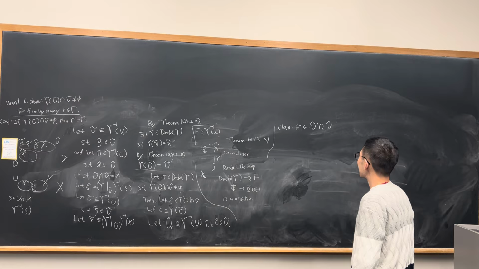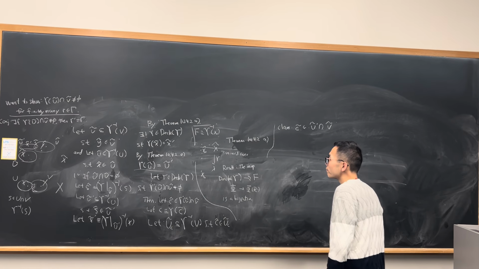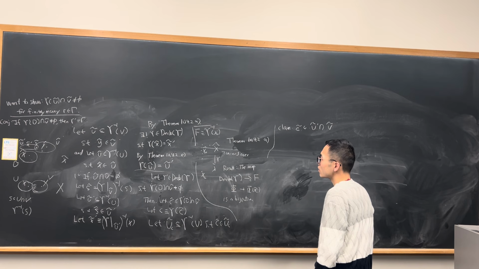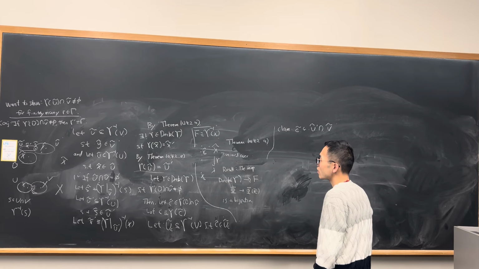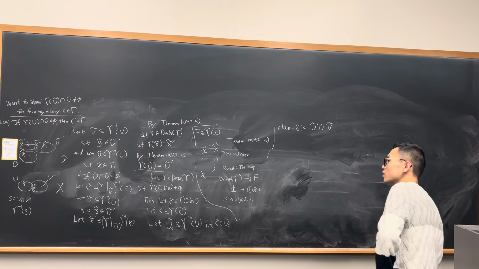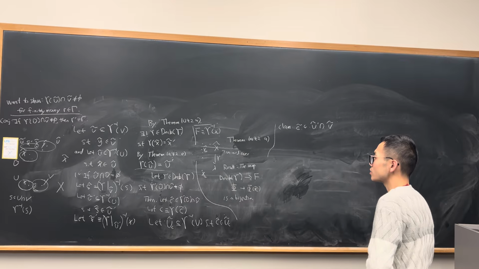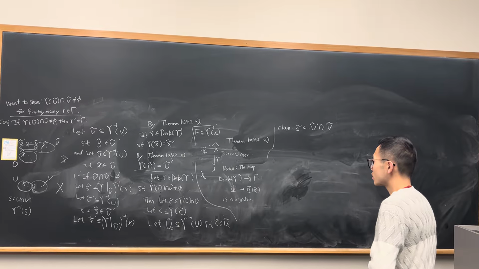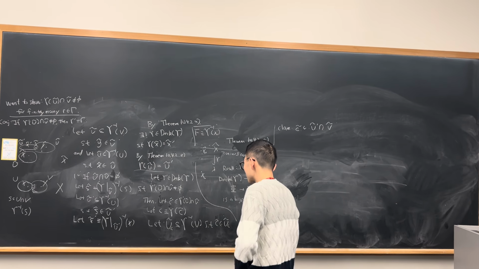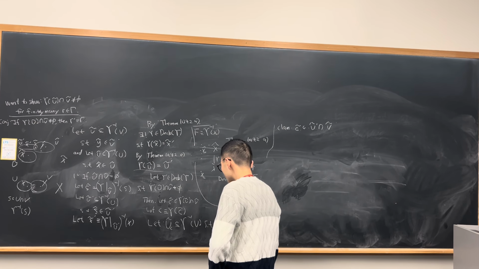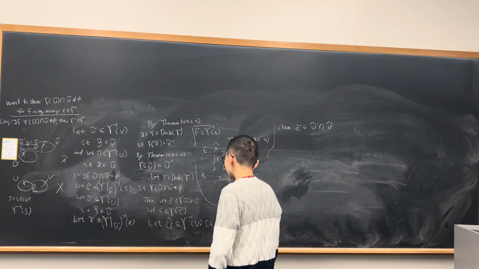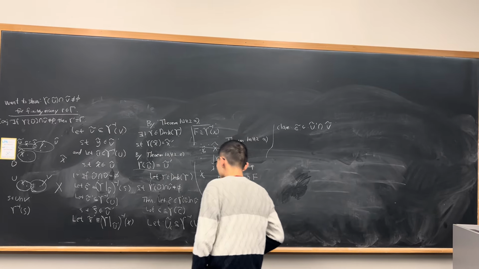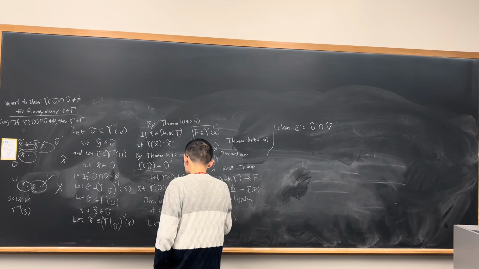Why? Okay, because this C lies in the intersection, right? So why is that?